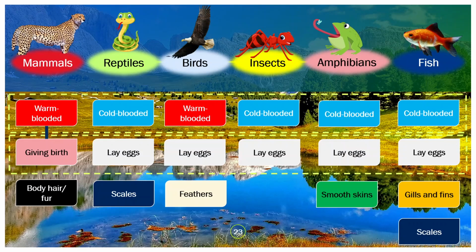If you recall your learning, amphibians like the frog, before they become the adult frog, they were once a tadpole. Tadpoles live underwater, but after they grow up and become adult frogs, they can go on land. That's how amphibians are a little bit different from the other groups.